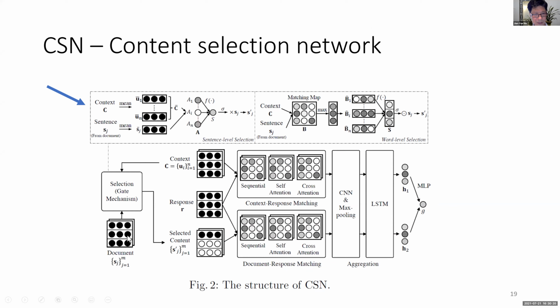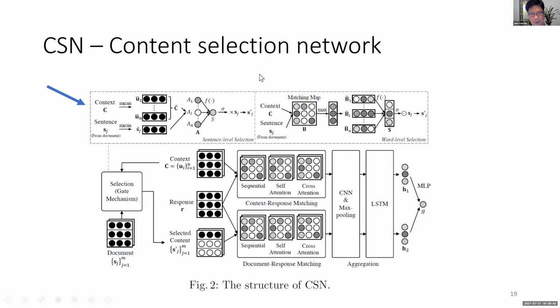We have a document which will be processed by this selection network. The selection network will use the context to try to match different sentences. And then there is a selection: only some of the sentences will be selected.